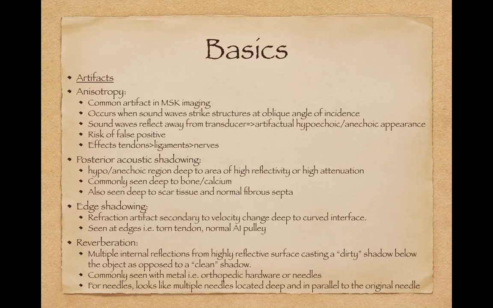And then reverberation: you have multiple internal reflections from a highly reflective surface casting a dirty shadow below an object as opposed to a clean shadow, commonly seen with orthopedic hardware and needles. For needles, it looks like multiple needles deep and parallel to the original needle.